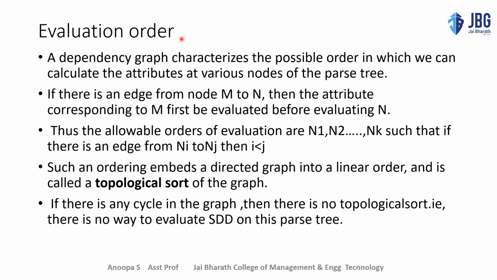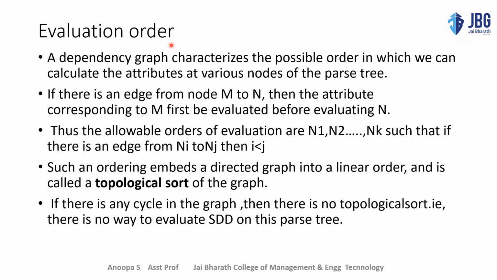Evaluation order is another method. If there are more than one node, we write the nodes one by one. For example, from 2 it is passing to 3, from 3 to 4, and from 4 to 5. Then we can write 3, 4 and 5 in linear order. That is called evaluation order.